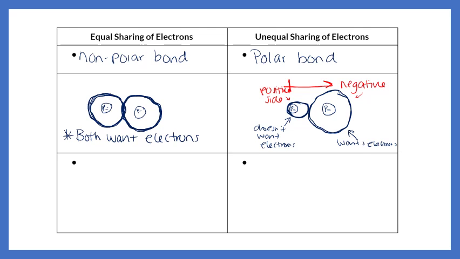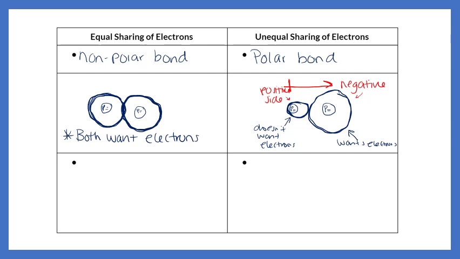So the atom that wants electrons is negative because it's going to take those electrons. The atom that doesn't want electrons is positive because it's going to be sharing its electrons a little bit more aggressively than the negative one, okay? So it's an unequal sharing. The negative is taking a little bit more, and the positive is giving a little bit more. We're still not transferring, but it's an unequal sharing, okay?